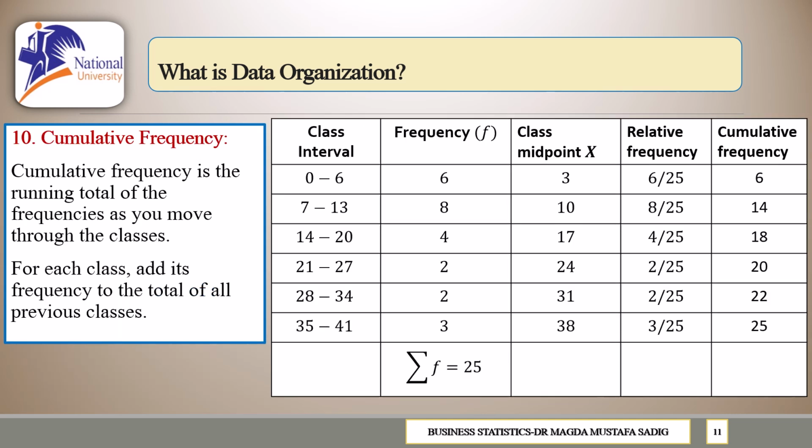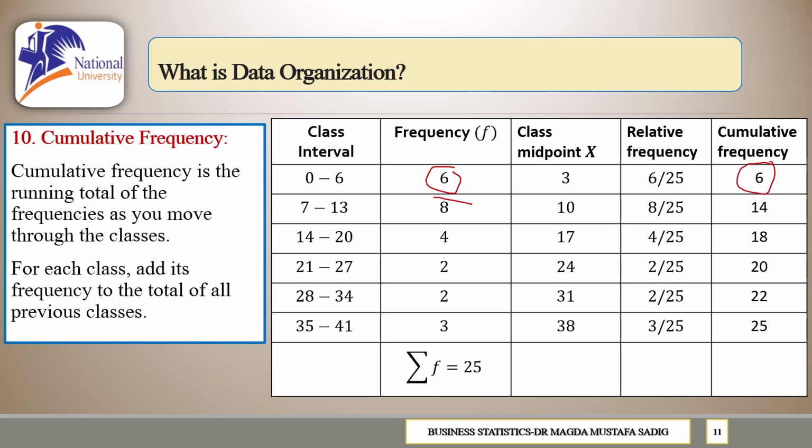Cumulative frequency. Now we calculate cumulative frequency. Cumulative means running total. The first cumulative frequency equals the first frequency. The second cumulative frequency equals the first plus the second. The third equals the previous cumulative frequency plus the next frequency. Like this, the first frequency is 6, so the first cumulative is 6.